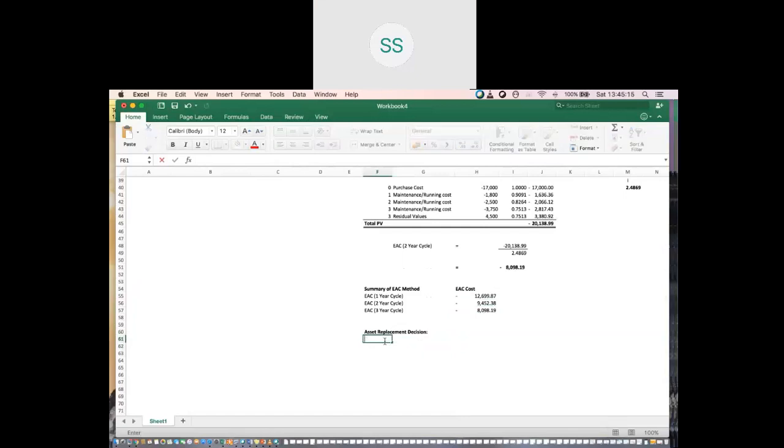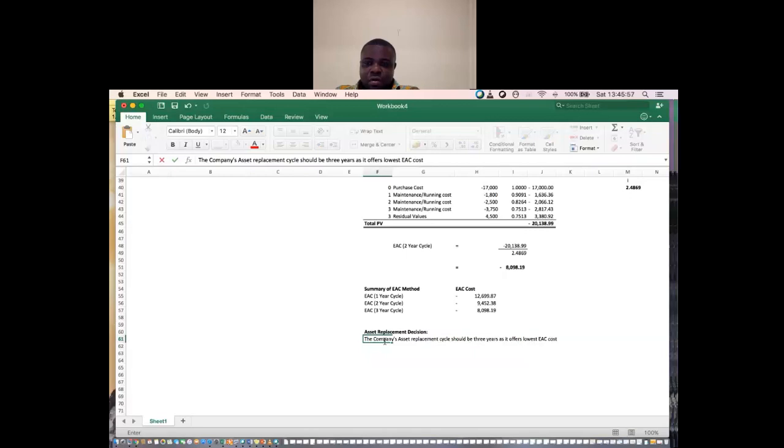So the company's asset replacement cycle should be 3 years, as it offers the lowest EAC cost of 8098.19 million.